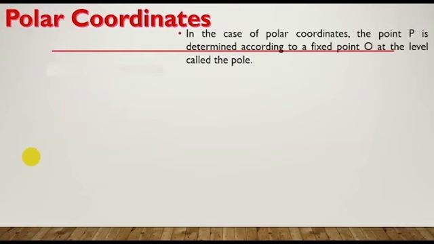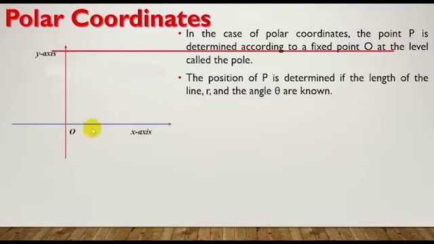طيب let's talk about the polar coordinates. What is the polar coordinate? Polar coordinates mean we determine a coordinate to the fixed point P at the level called pole. So we have the pole like that, and we have x-axis and y-axis also.